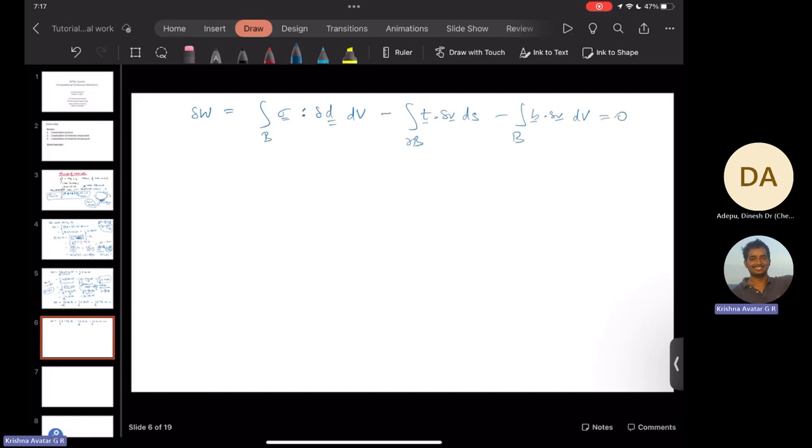Now let's break down these components and try to understand every component. What is stress? Is stress external or internal? Internal, right?